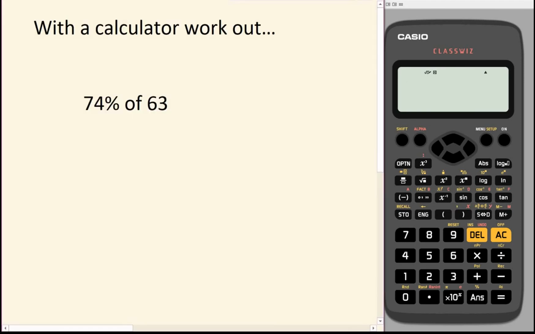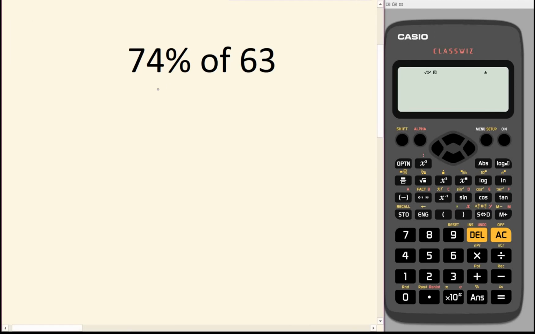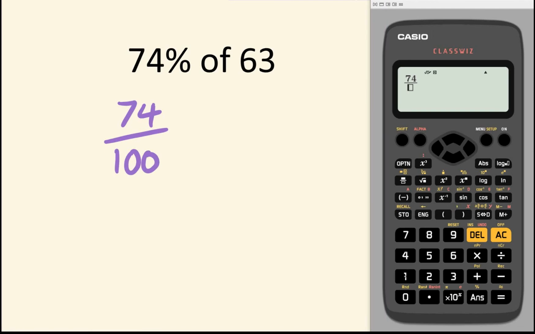So let's get started. Using a calculator, we want to work out 74% of 63. To do this, what we have to remember is that percent is basically a special way of writing out of 100. If I do 74 out of 100, or 74 divided by 100, that will convert that to a decimal for me. So 74% is the exact same thing as 0.74.